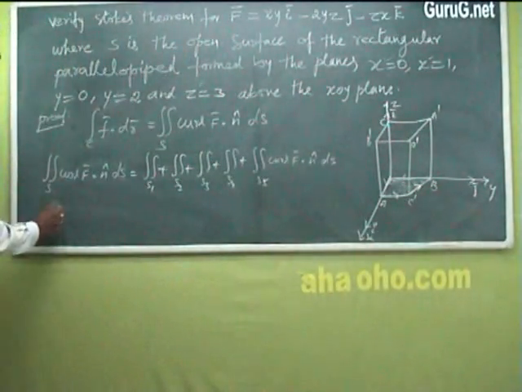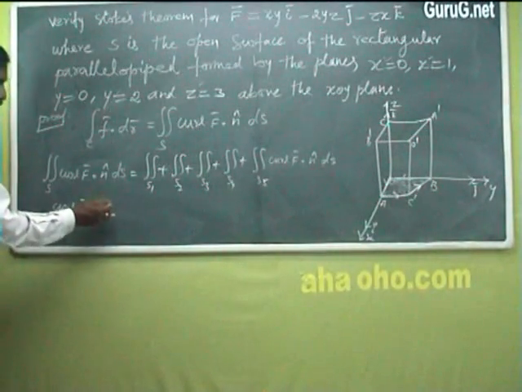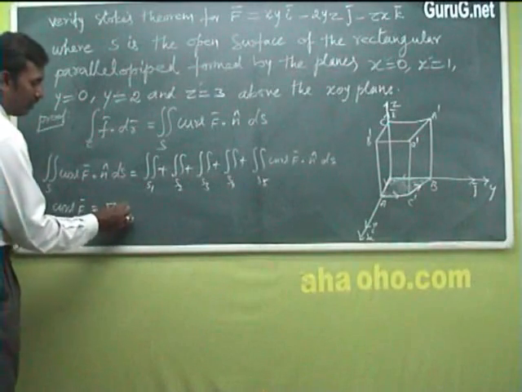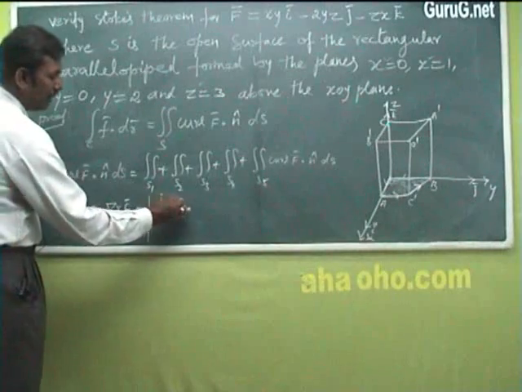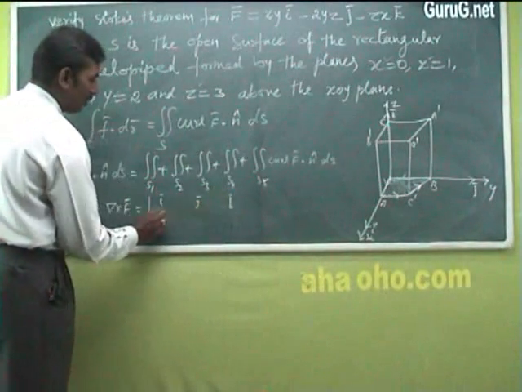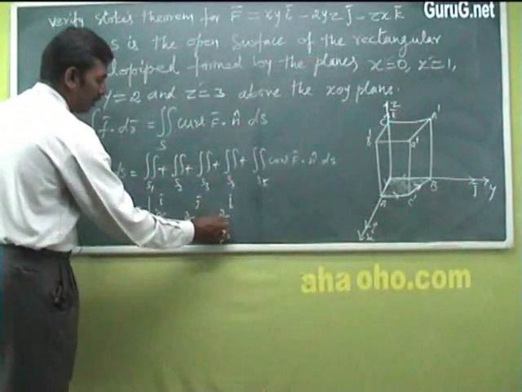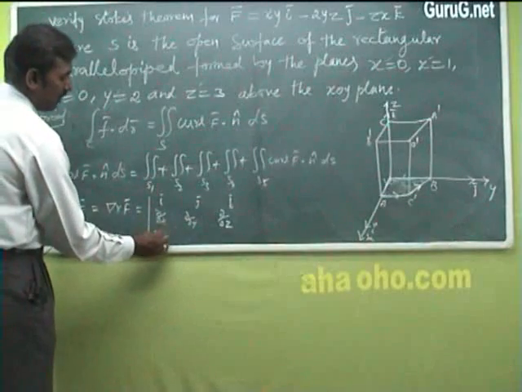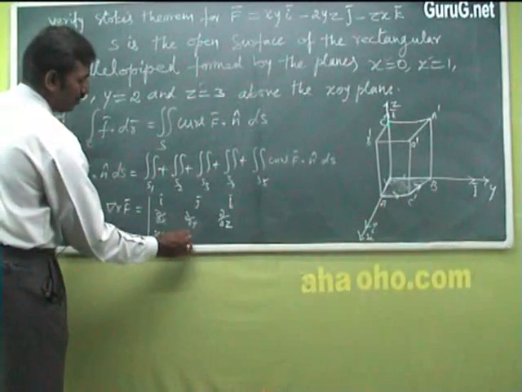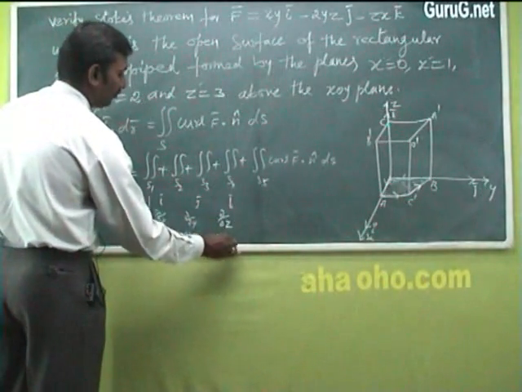What is curl of F? Curl of F is nothing but del cross F. What is del cross F? Determinant: i, j, k, dou by dou x, dou by dou y, dou by dou z, then the F vector: xy, minus 2yz, then minus zx.